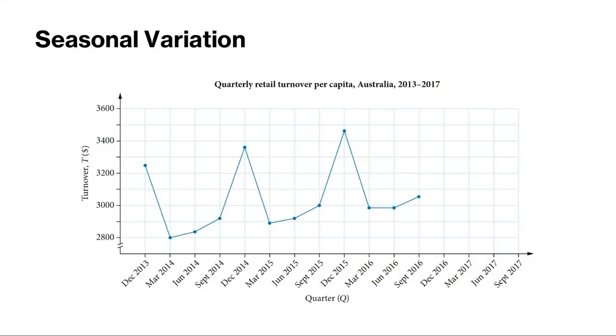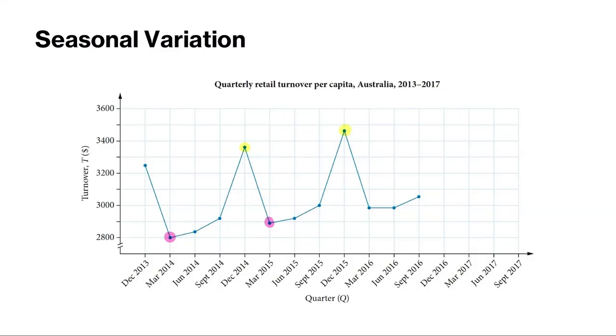The easiest way to spot how many seasons there are in a cycle is to search for low points, or troughs, or high points, or peaks. Once you identify one of these peaks or troughs, you need to count the number of intervals until you reach the next peak or trough.